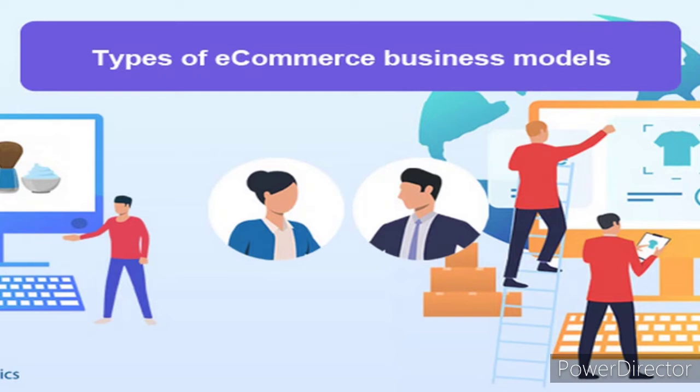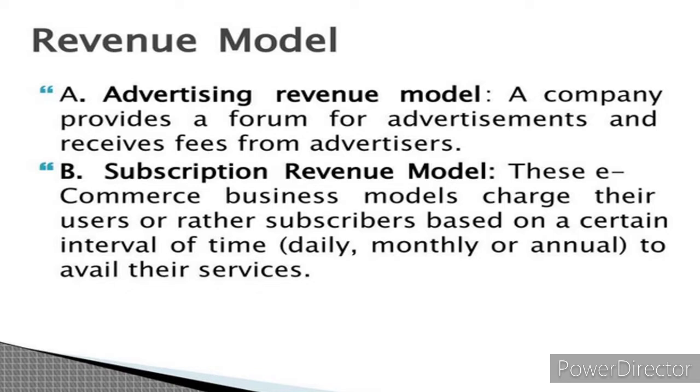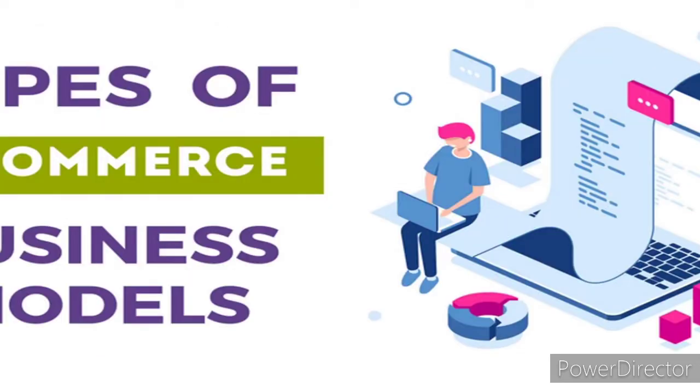Generally, there is always a commission charged to advertisers to put up their advertisements in a well-known online marketing platform. This is the classic principle that is followed by businesses categorized under the advertising revenue model.